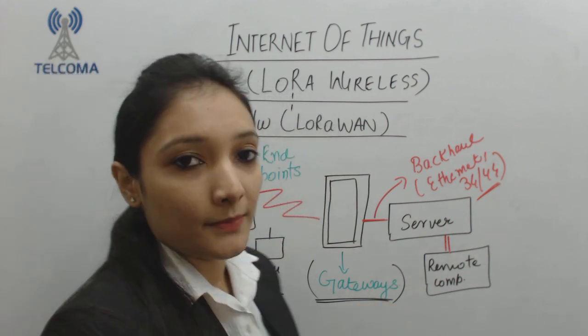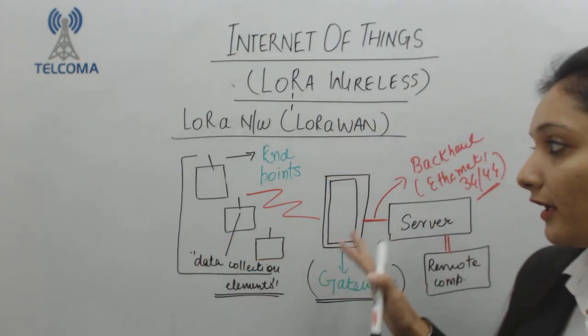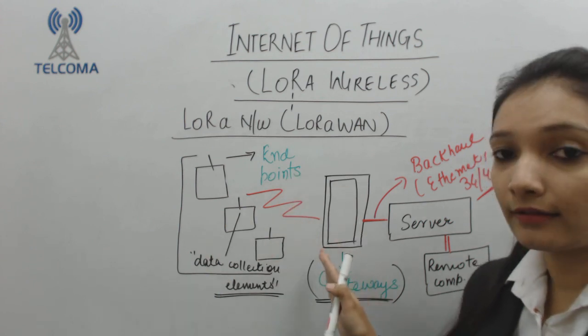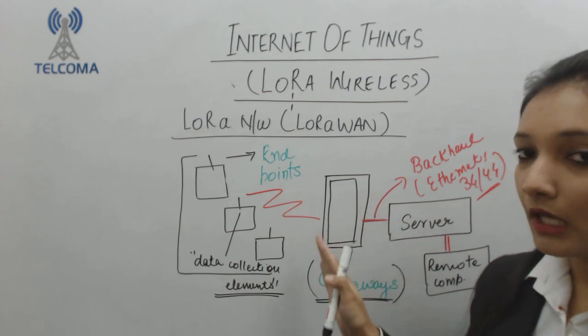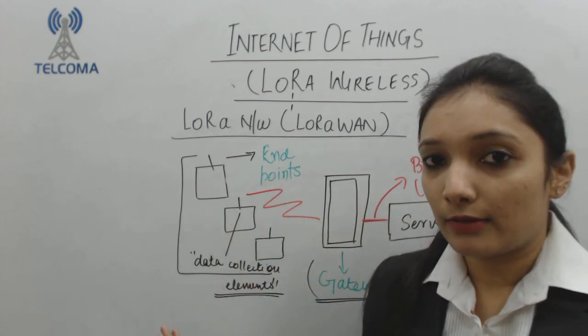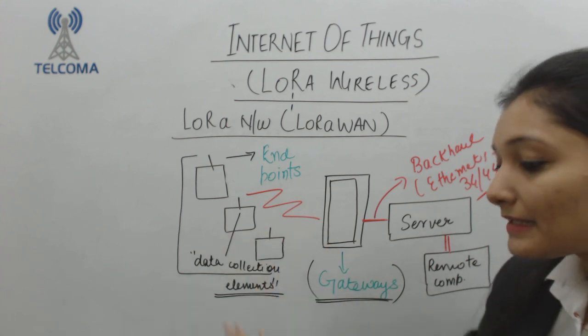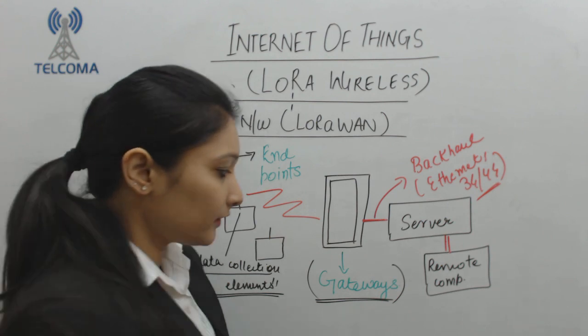Now these gateways basically receive the information from the endpoints. That means from your LoRa endpoints, they're collecting various kinds of information. They're used to process the information of the real world which is collected by your endpoints, that means your sensors and the various actuating devices in the system.